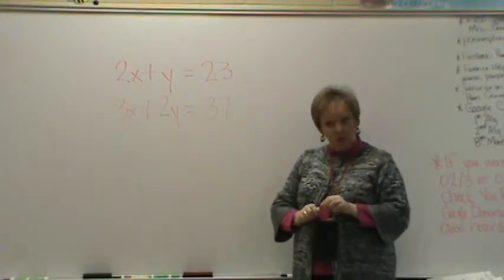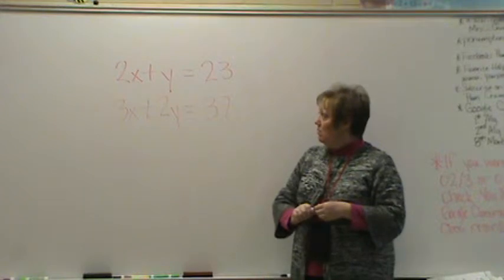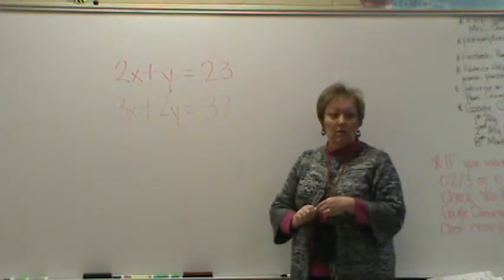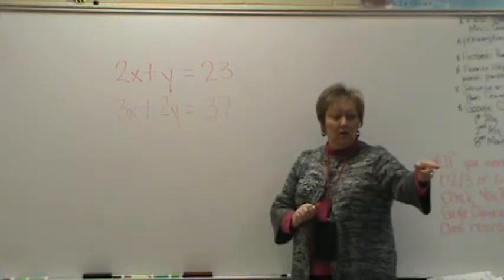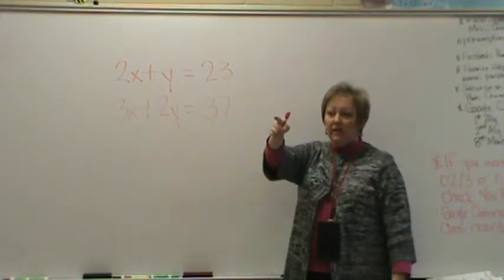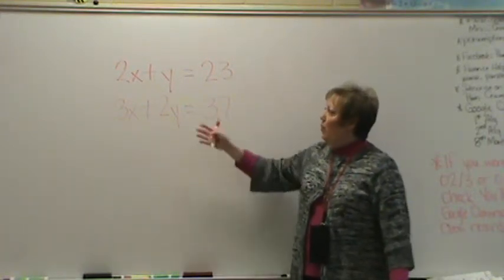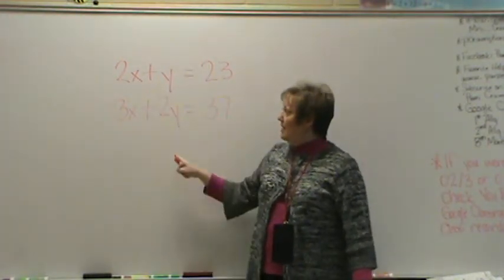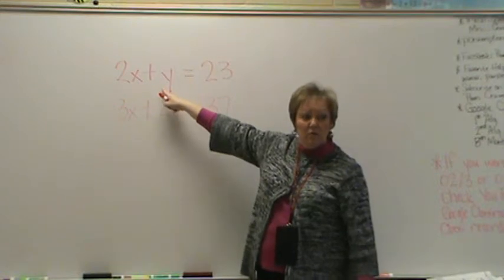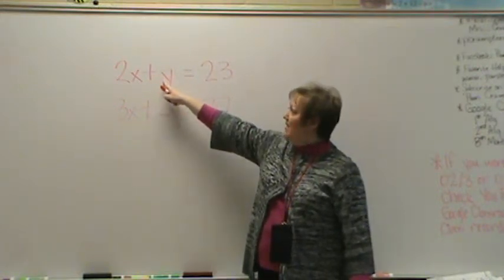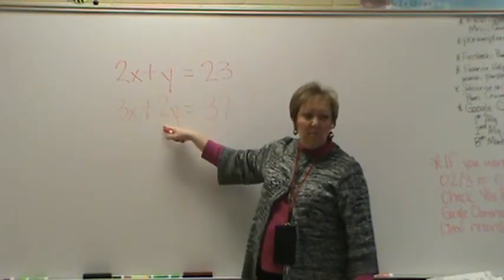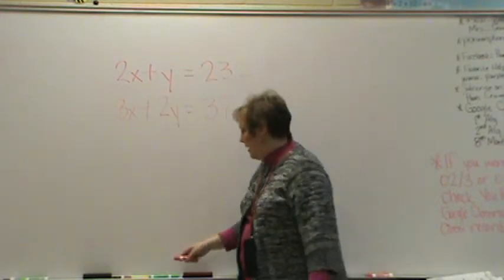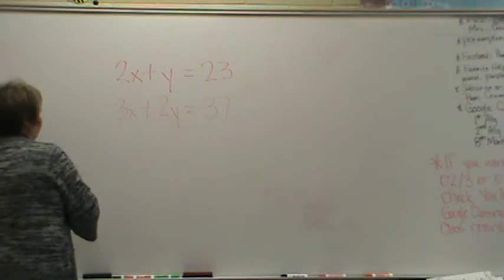You think I do? Nope. Well, I'm curious. I'm not saying you're wrong. He's saying 2y. What am I going to do to make this be opposite? Multiply by 2? But if I multiply by 2, that just makes it the same. Multiply by negative 2. Let's multiply by negative 2. Yeah. Let's do it.